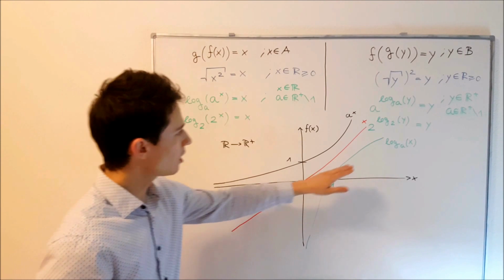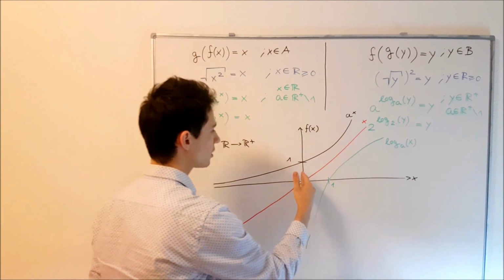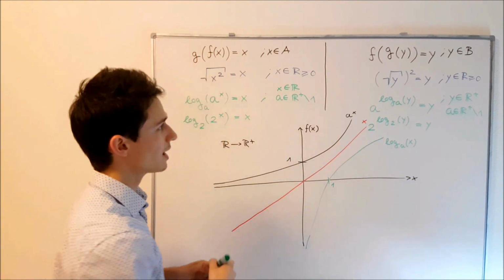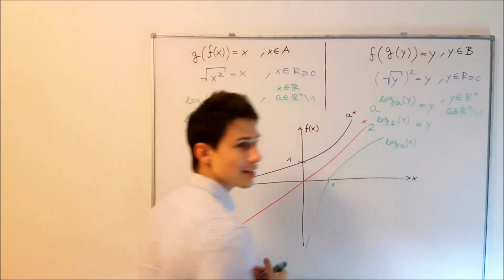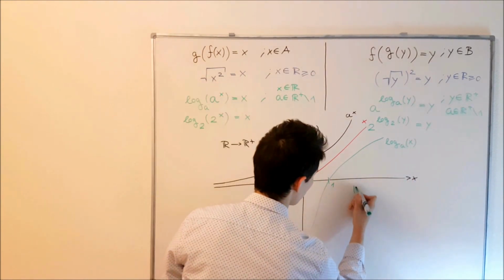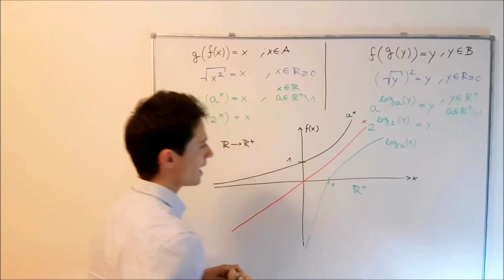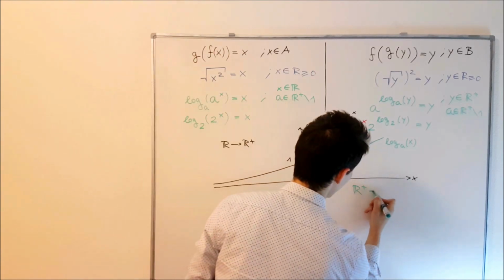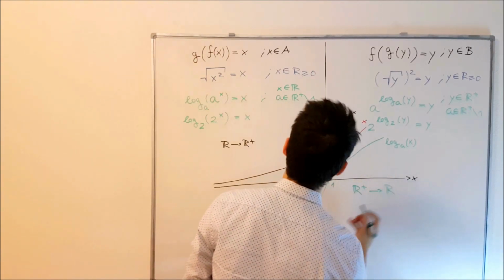And therefore the log is a function from only the positive values on the x-axis. So it only takes positive arguments and it maps them to all values on the y-axis.